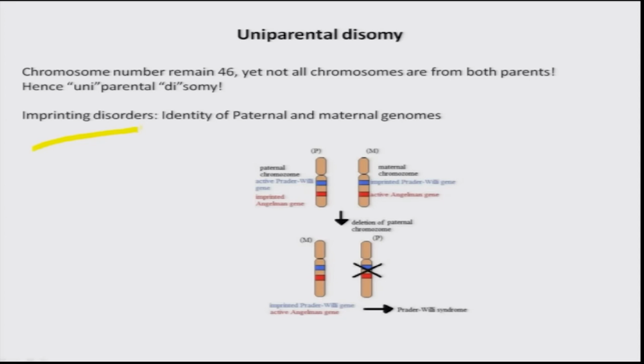So, if I am uniparental disomy for a particular region of a chromosome or a particular chromosome, then if that is derived from my mother, those genes that should be expressed if it is derived from father will not be expressed. As a result, I am equivalent to not having these genes, and I may end up having a particular disorder.